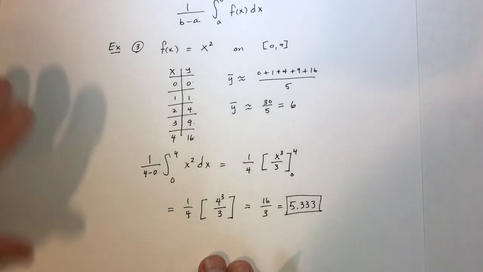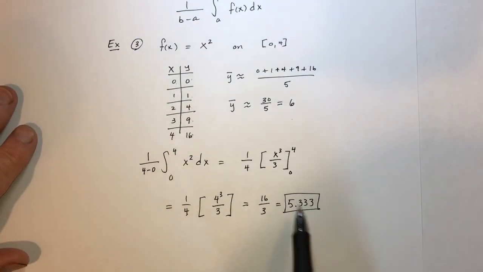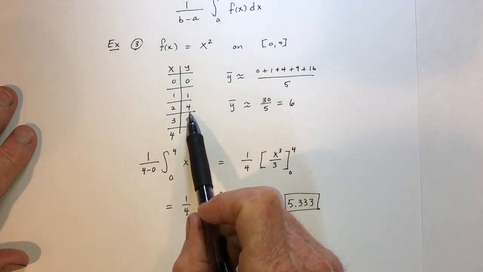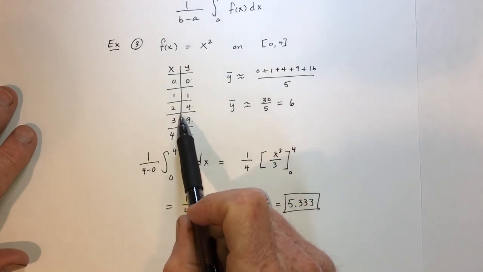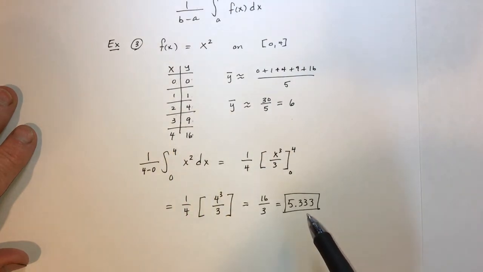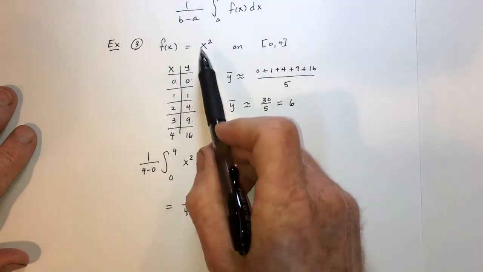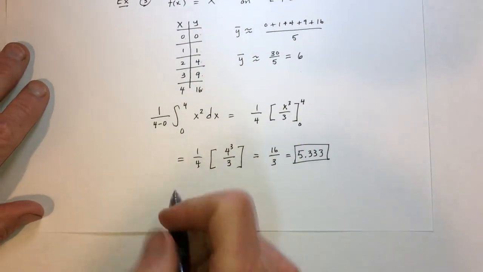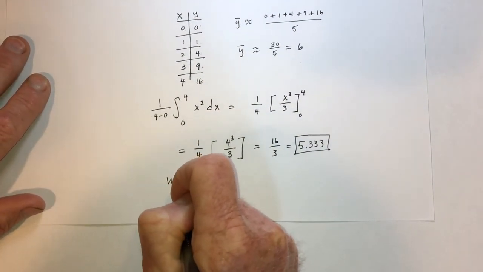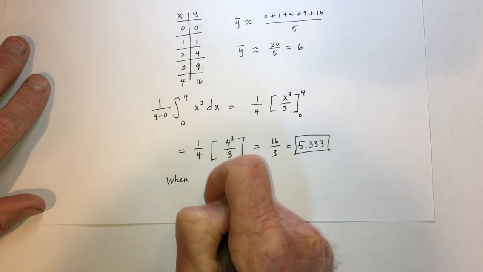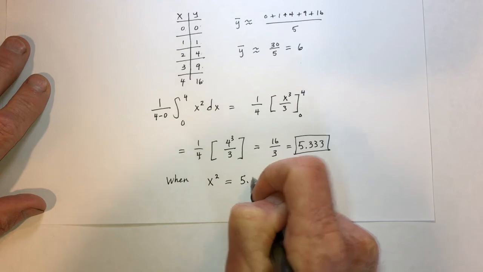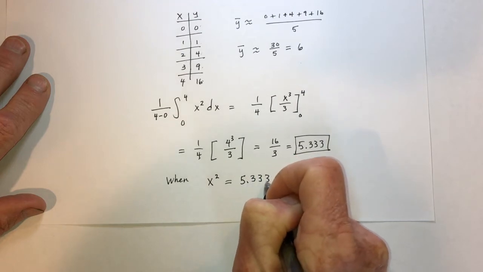You know, before I leave this one, something just occurred to me. So 5.333 is the average y value, which would be placed right about in here. So when is it that the function actually equals its average value?